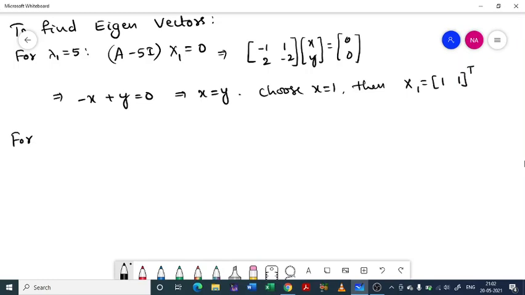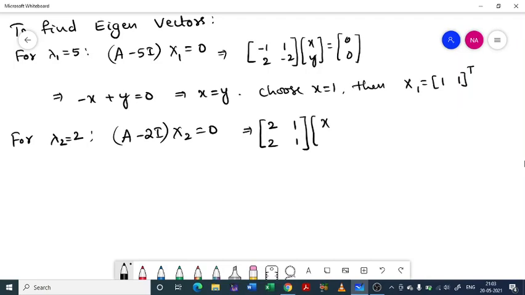For lambda 2 equal to 2, (A minus 2I) into capital X2 equal to 0. Subtracting 2, you will be getting [[2, 1], [2, 1]] into (x, y) equal to (0, 0).